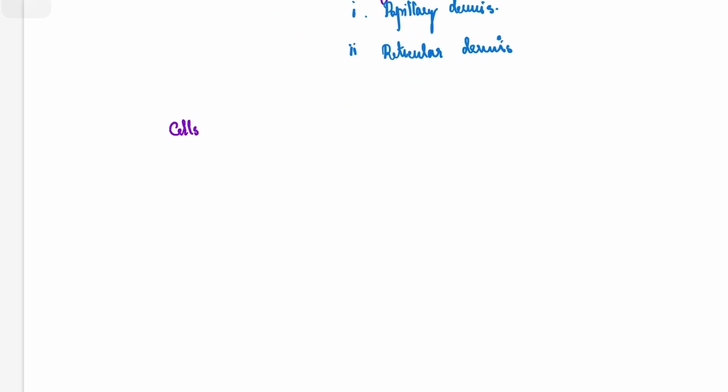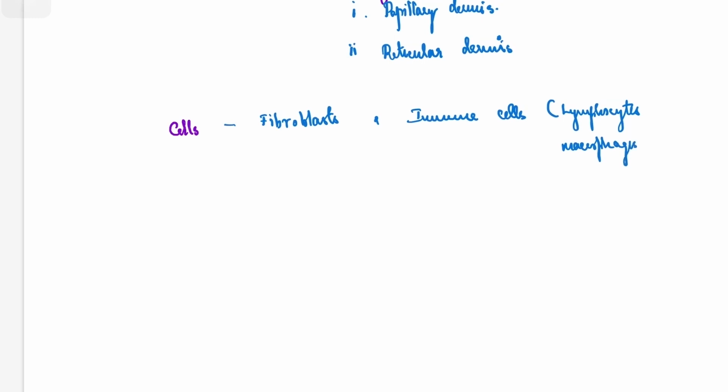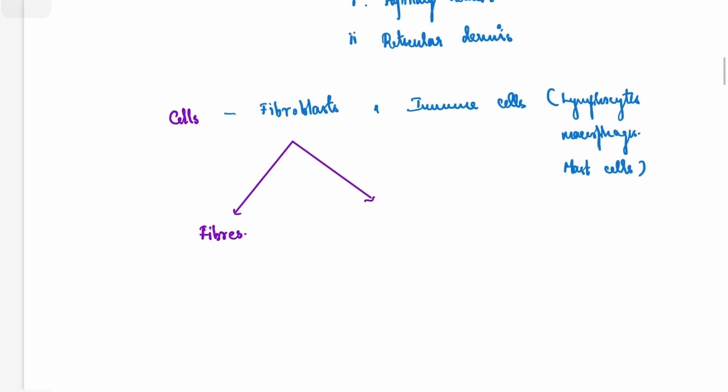cells such as fibroblasts and immune cells. The immune cells include lymphocytes, macrophages, neutrophils, eosinophils, and mast cells. And the fibroblast is an important cell which synthesizes the fibers and secretes the ground substance.